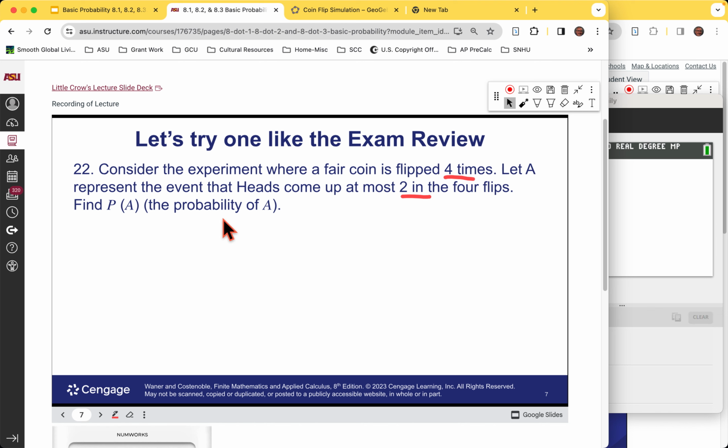Okay, so this is how we're going to have to go about doing it. Now, when they say fair coin, that's a 50-50. Okay, 50% chance. Otherwise, they would have to give us the probability. So if we flip the coin 4 times, what are all the things that could happen?